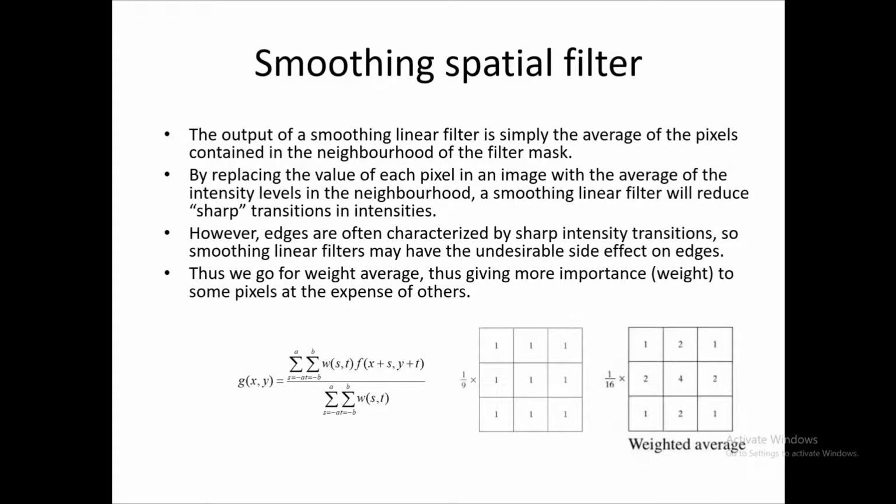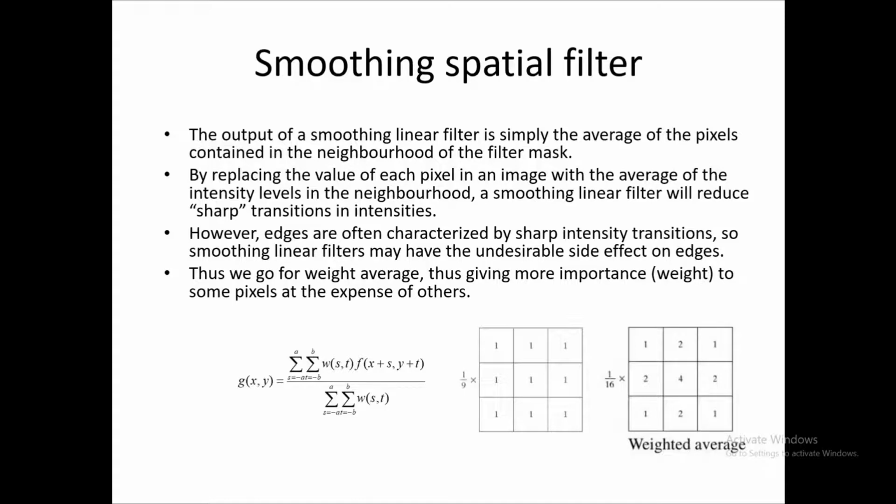In this case, we give more importance or weight to some pixels at the expense of others. We can see here two filter masks. One is the box filter, or average filter, or mean filter, and the other one is the weighted average.